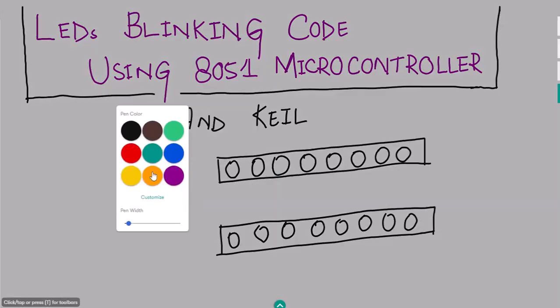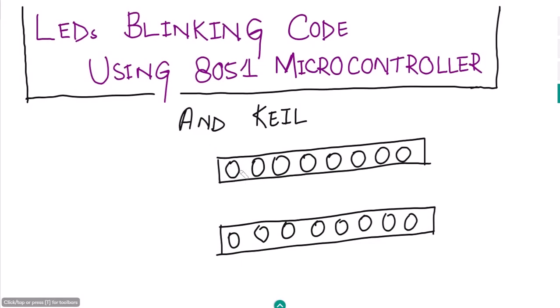These are the LEDs. Suppose initially the first one is on, the third one is on, this one is on, and this one is on. So what does it mean?